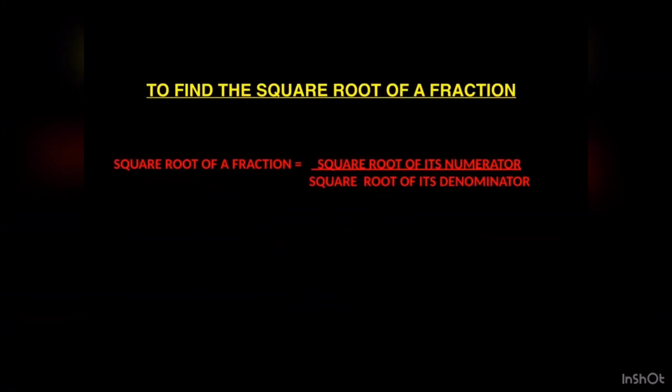Next, let's see how to find the square root of a fraction. So square root of a fraction is equal to, we take the square root of its numerator by square root of its denominator. Now to understand how to find the square root of a fraction, let's look at this example. Find the square root of 49 by 100. So square root of 49 by 100.